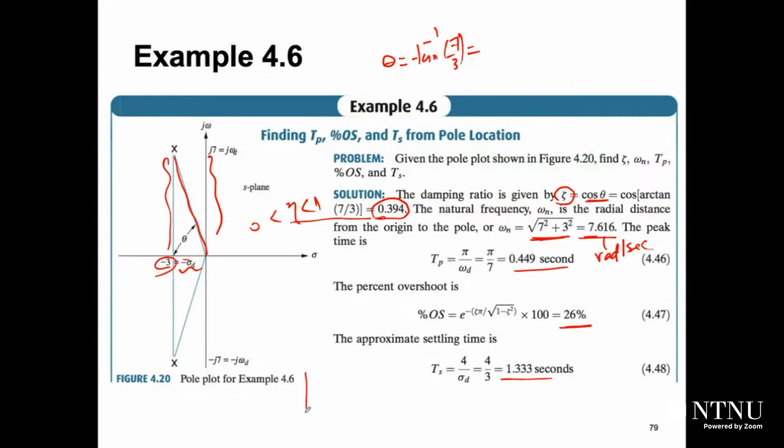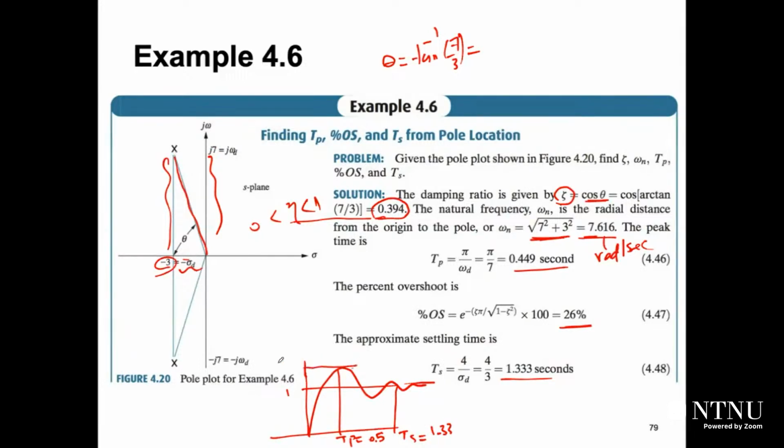So now if I need to plot the response of my system, we have here 26% overshoot, so it will be something like this. This is the peak time. Peak time equals 0.45 seconds. Settling time is something here like this, Ts equals 1.33 seconds.